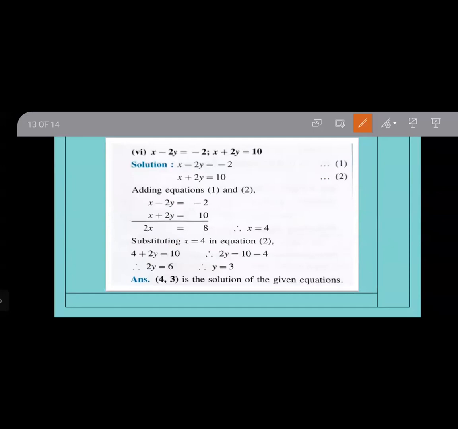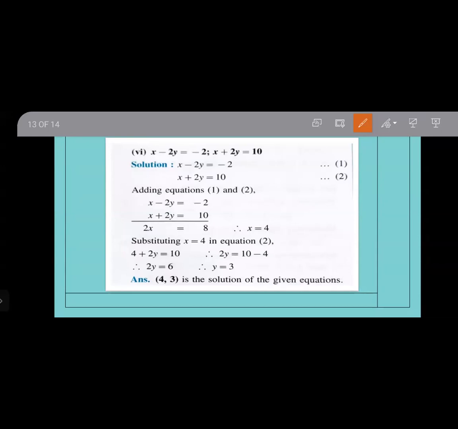So each example, you solve by both methods, so it will be practice for you. And in the exam, whichever method is easier, that you prefer when the method is not mentioned. But if they mention the method, then you have to go for that method only.